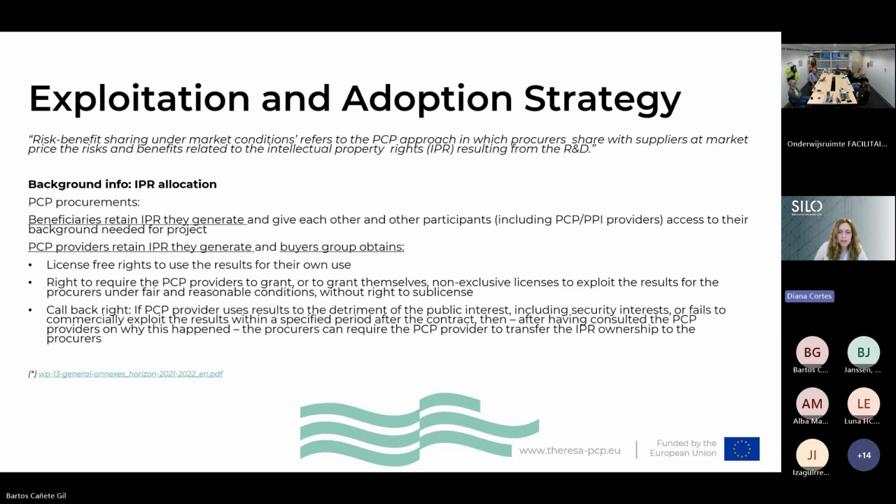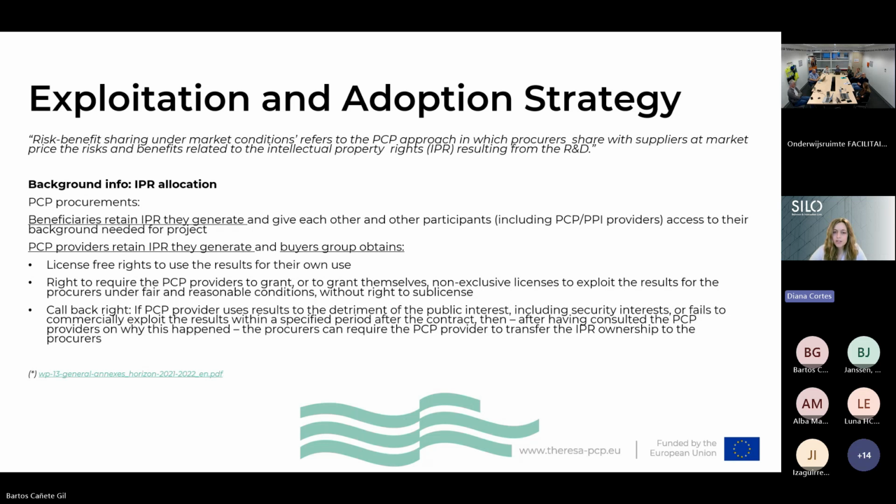Project beneficiaries retain the intellectual property rights they generate while ensuring access to any necessary background knowledge for other participants involved in this PCP project. PCP providers also retain ownership of the results they develop.